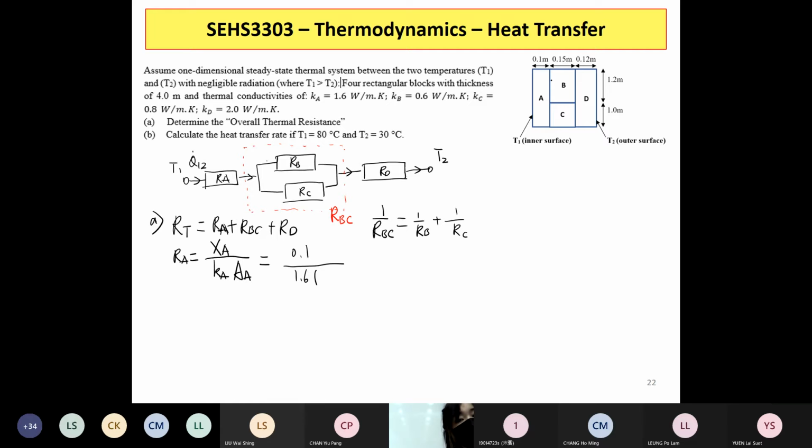Area of material A should be this one times 4, right? Okay? So guys, what's the number?